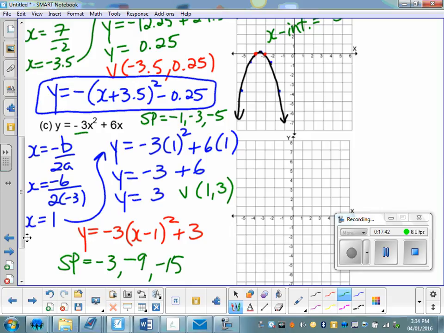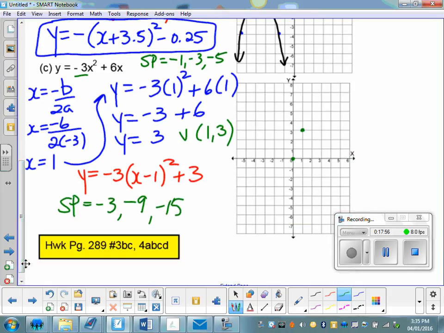-15. So from the vertex of 1, 3, I'm over 1 and down 3, over 1 and down 9. So I'll estimate where that is.